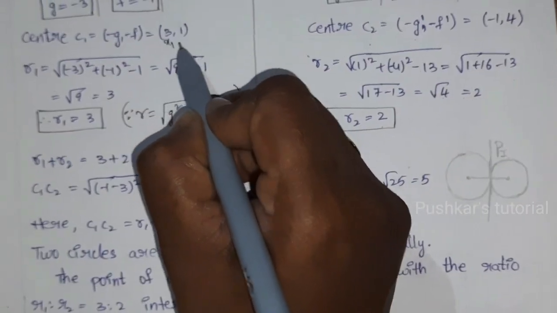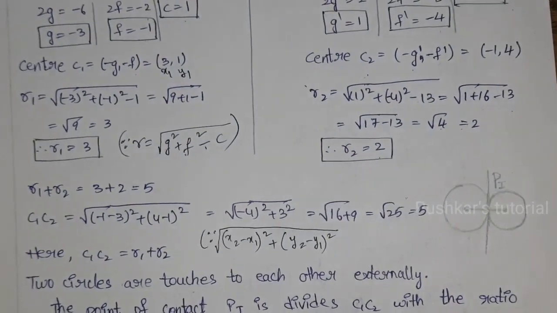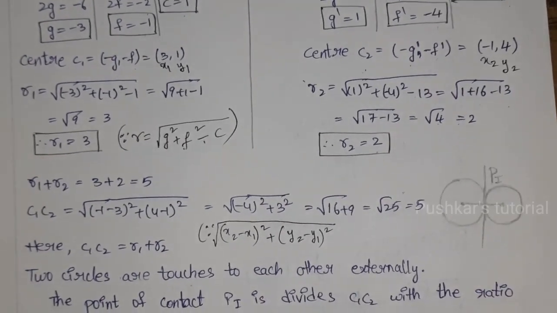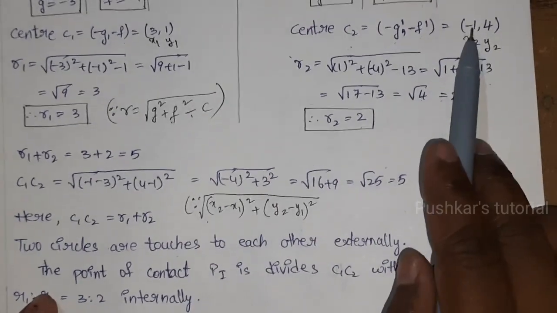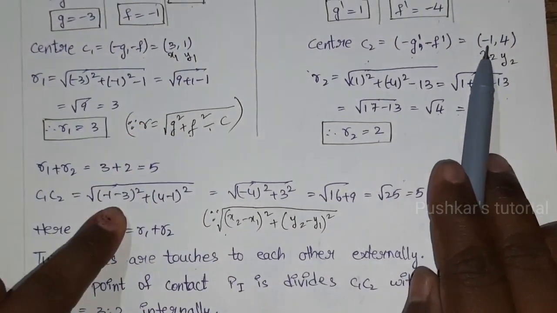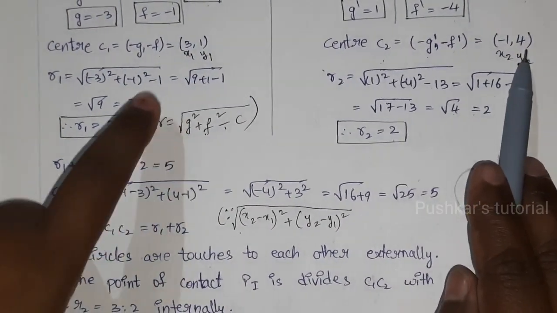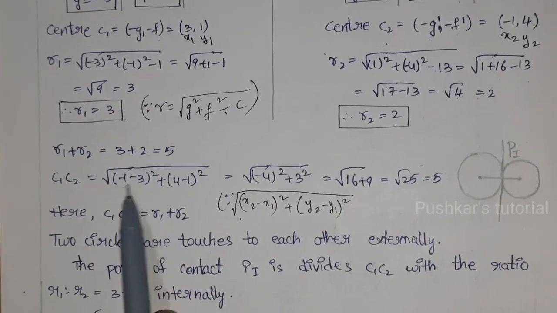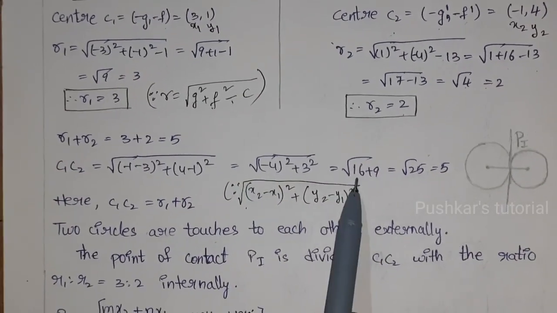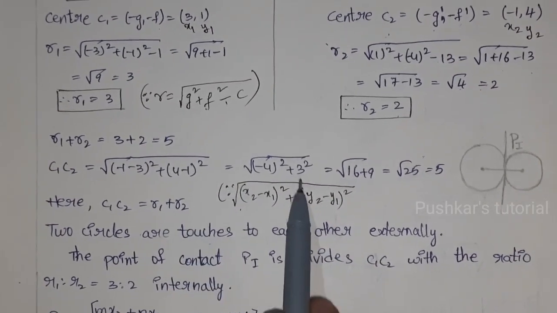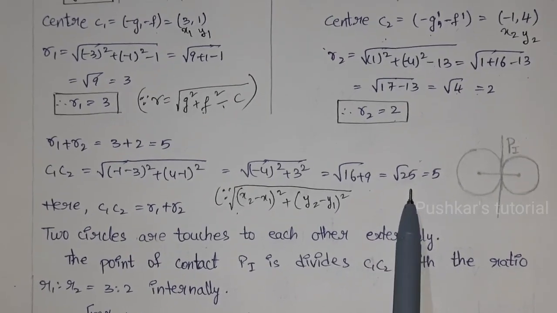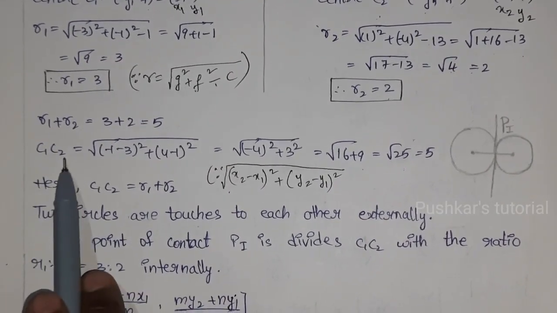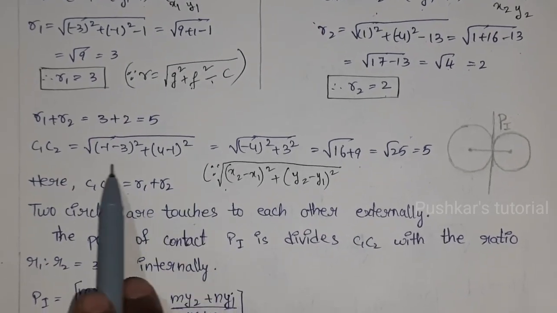So x1, y1 value is 3, 1, and x2, y2 is minus 1, 4. So minus 1 minus 3 whole square plus 4 minus 1 whole square. So minus 1 minus 3 is minus 4, square 16. 4 minus 1 is 3, square is 9. Root 25 answer is 5. So here observe R1 plus R2 value is equal to C1 C2.